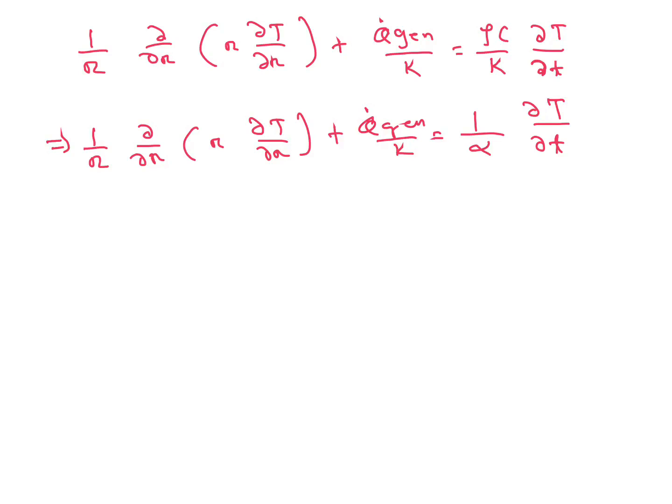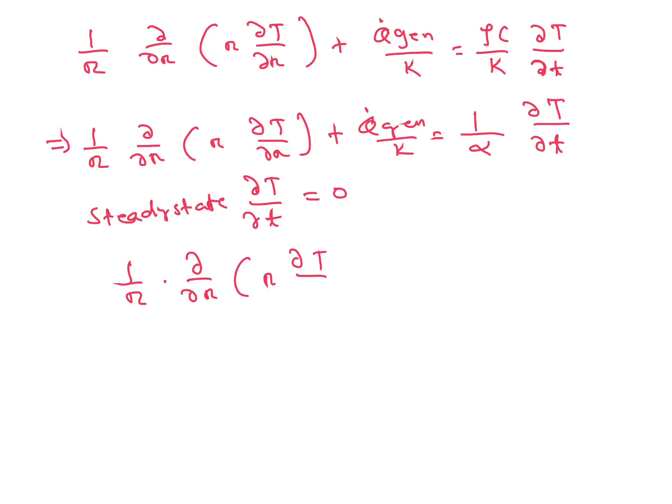So here steady state, so this term is 0, only 1 by r d by dr of (r dT by dr) plus Q generation by K equal to 0.